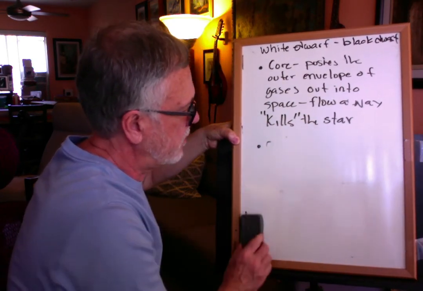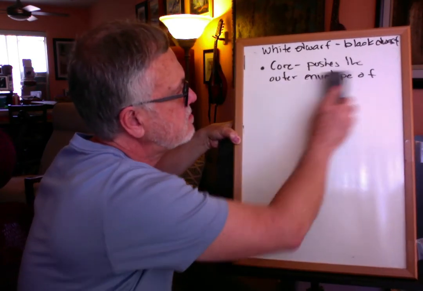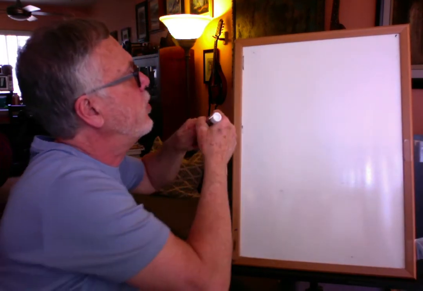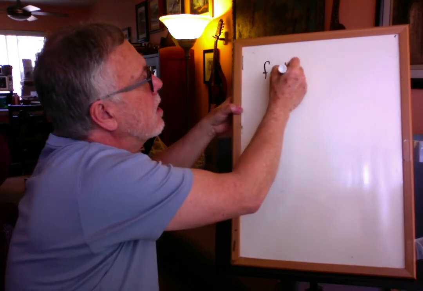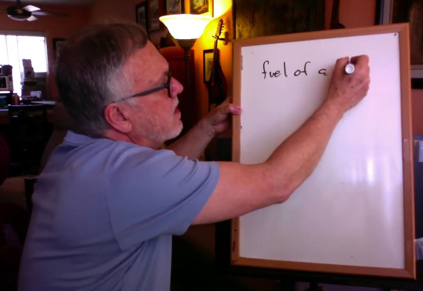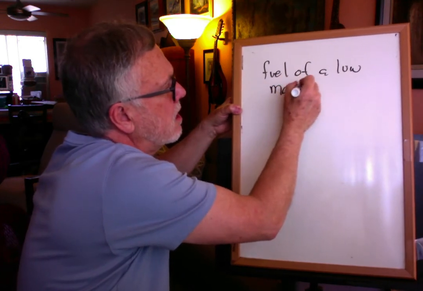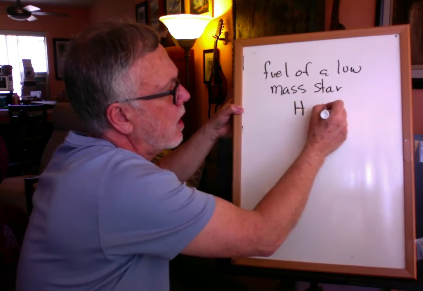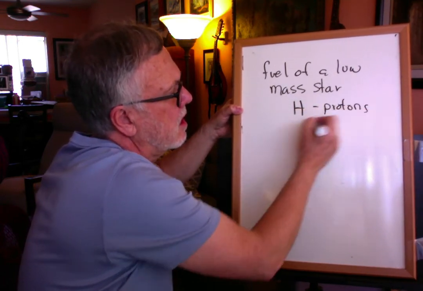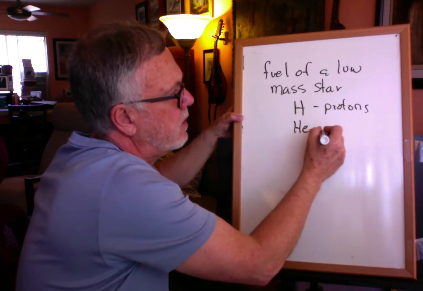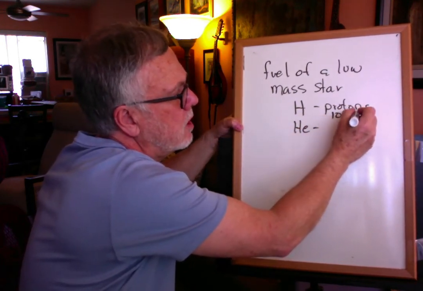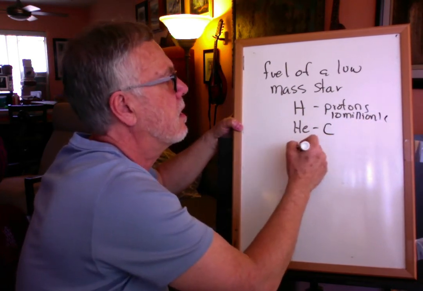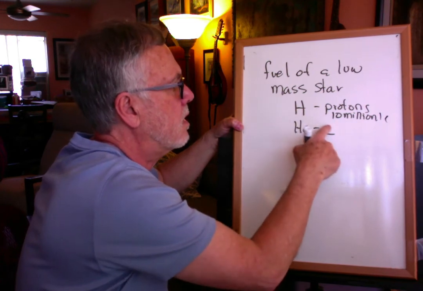So the fuel of a low mass star, first off, is hydrogen, protons. Then helium. And remember, this required 10 million Kelvin. Helium became carbon. Excuse me, let me say it right.